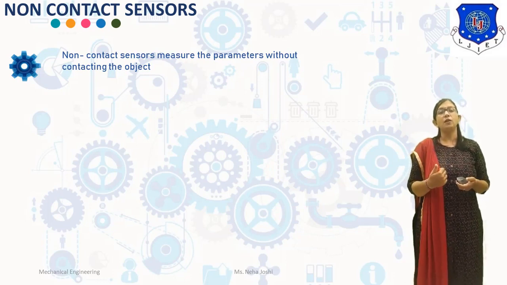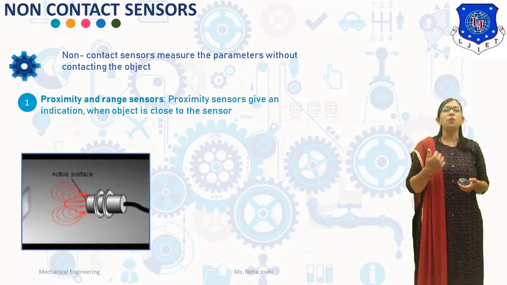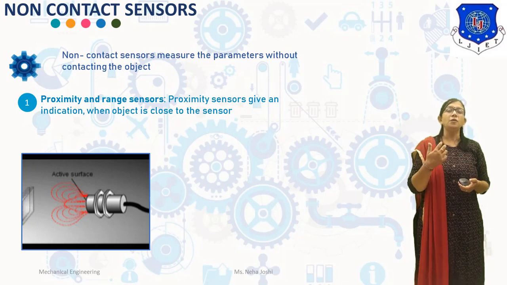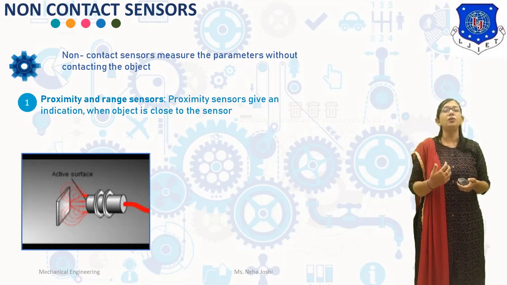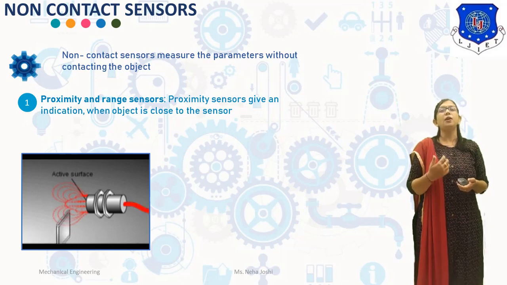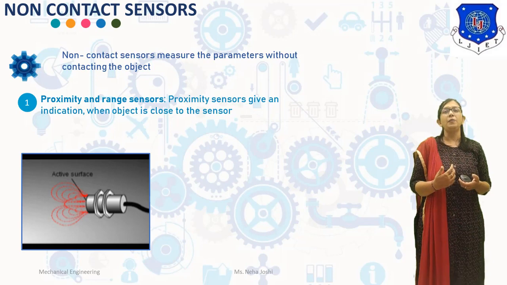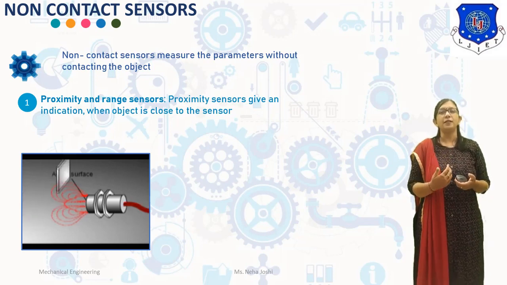Now, first one is proximity and range sensor. What is proximity and range sensor? Proximity sensors give an indication when an object is close to the sensor. The distance required to activate the sensors can be between several millimeters and several meters, depending upon the type of sensors.